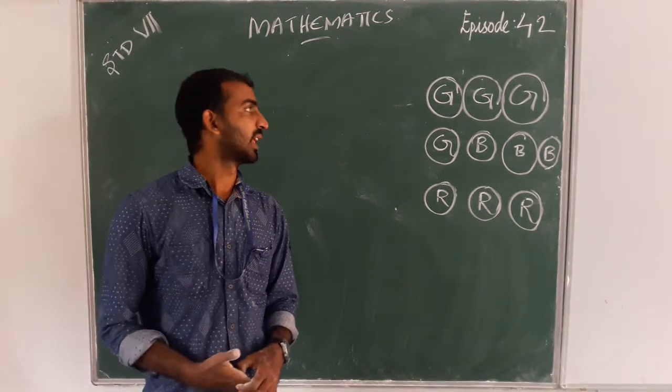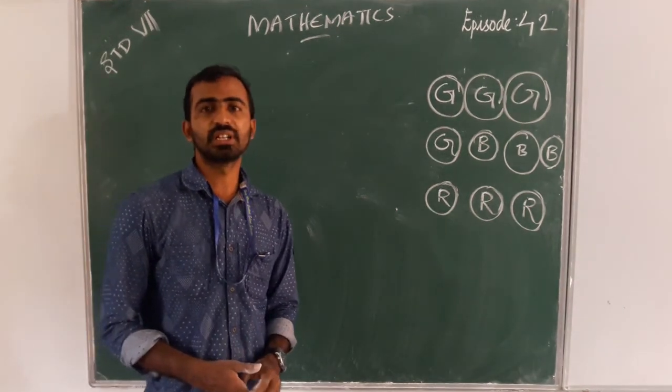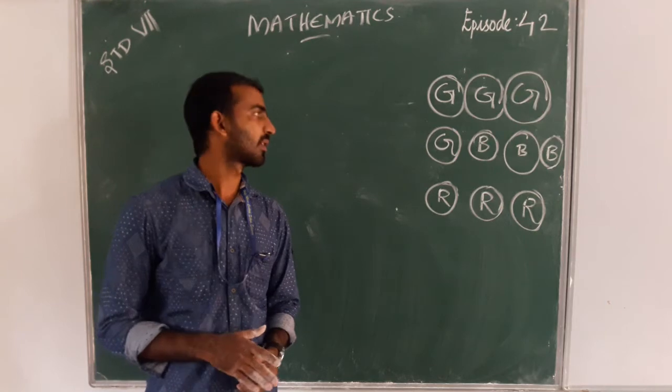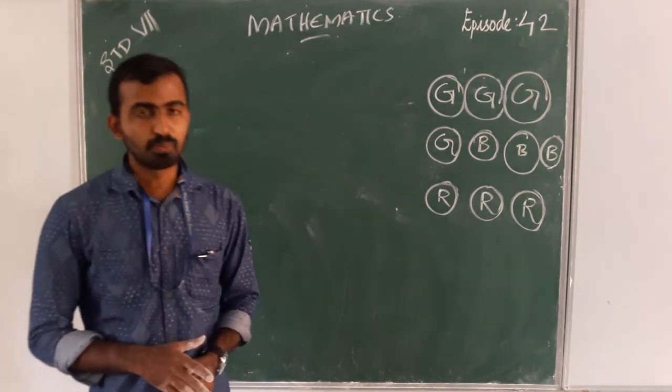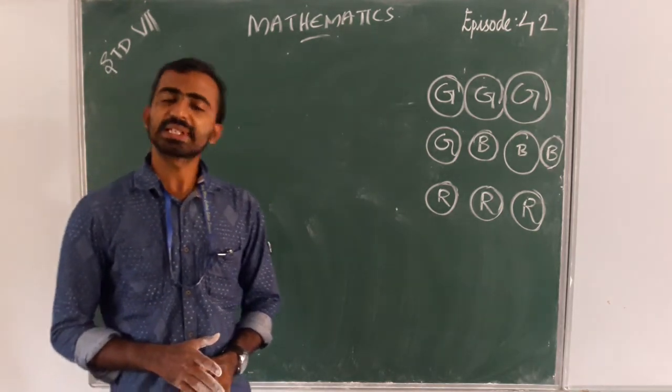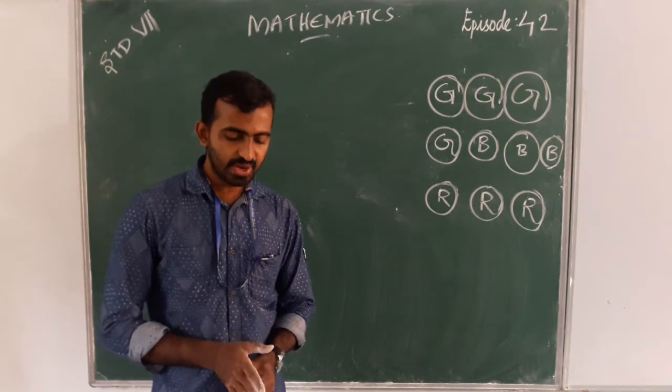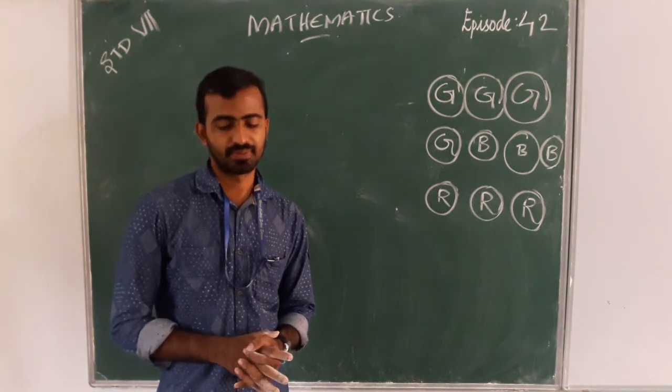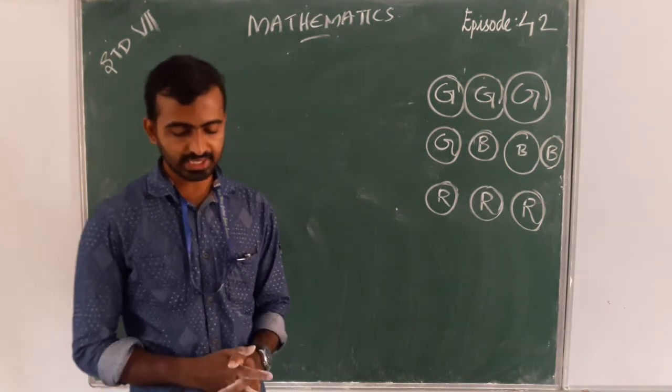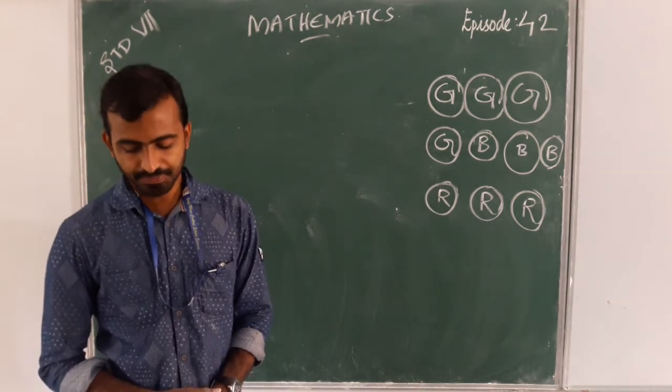G means green color, B means blue, R means red. We want to complete the table. In your textbook there is a table.